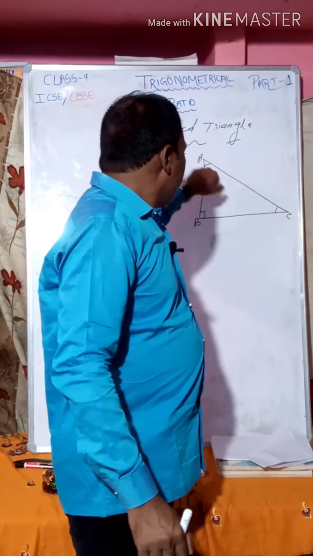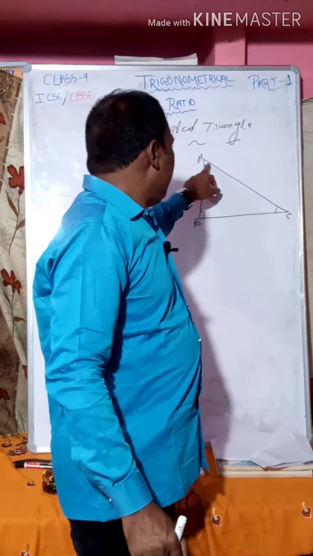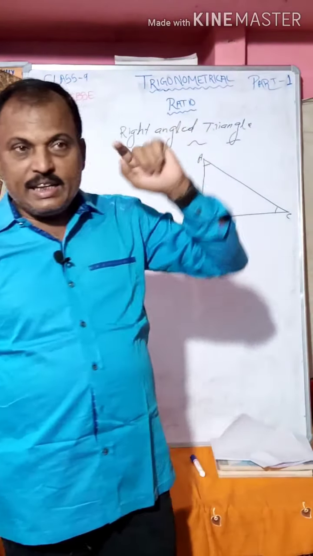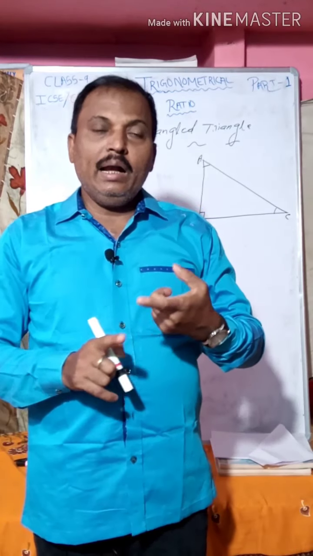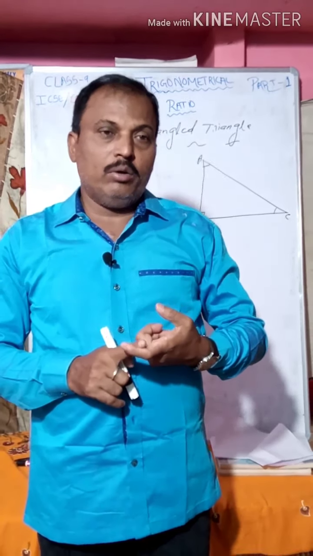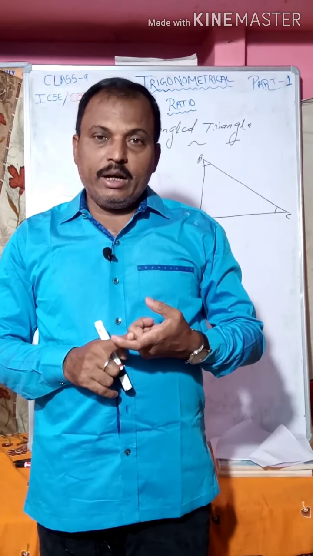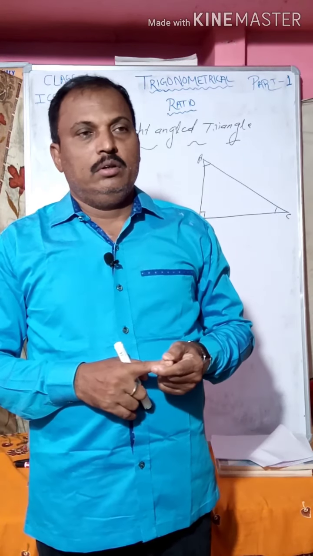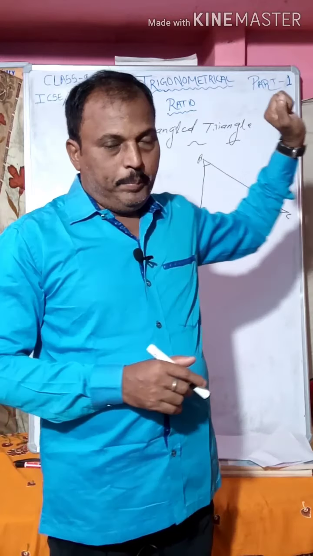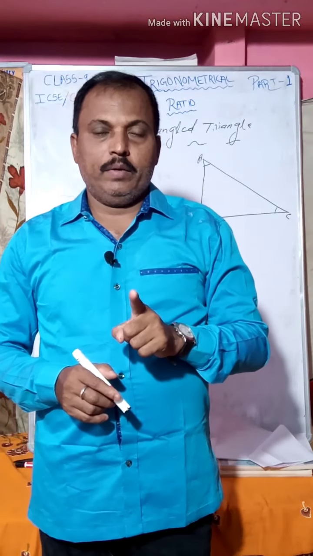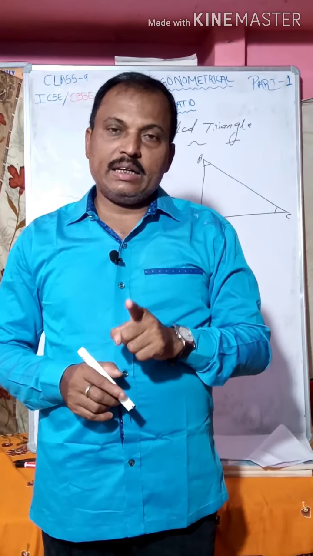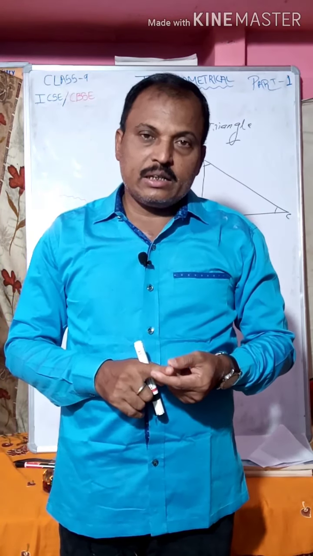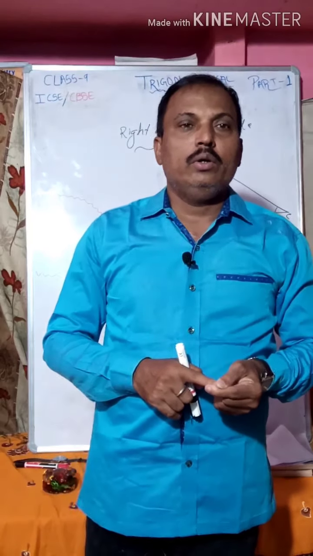So this is angle C, this is angle A. Now take C as an angle, and we will try to find the trigonometrical ratios of angle C or angle A. But first we take the angle C and we will find the 6 trigonometrical ratios.